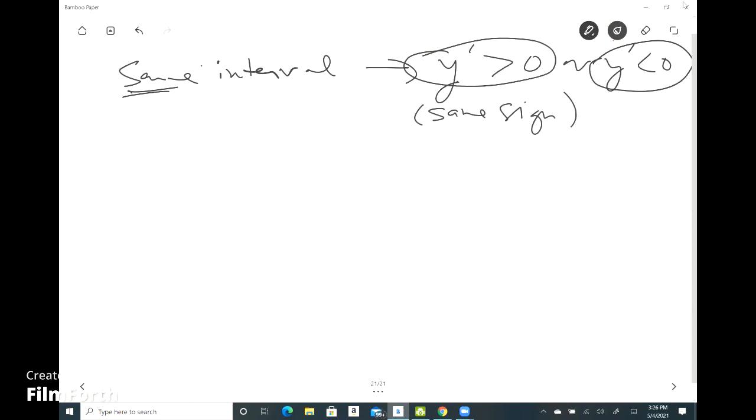Okay, so that is the guideline. So now, what we have learned, we can break out the curve into intervals based on the y prime. The basis of the interval will be y prime equal to 0. From there, you can break out the intervals.